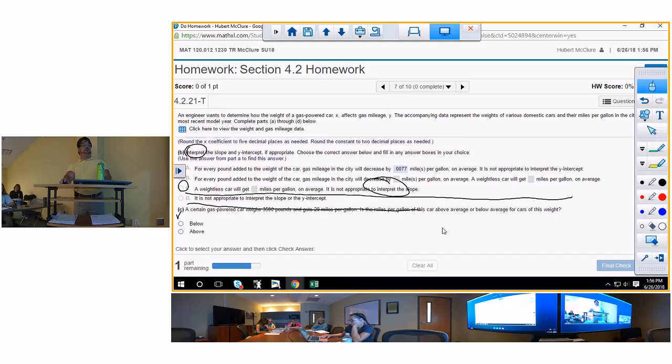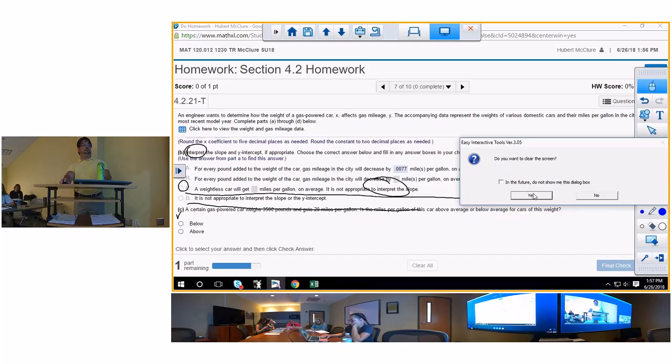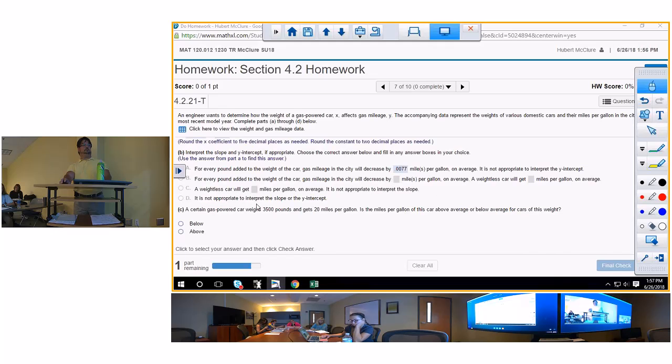A certain gas-powered car weighs 3,500 pounds. Hang on. A ton and a half, ton and 3/4.